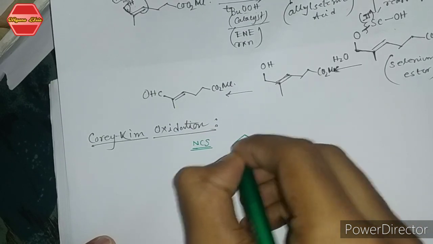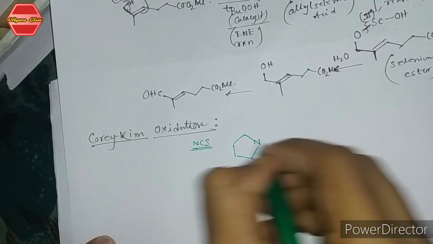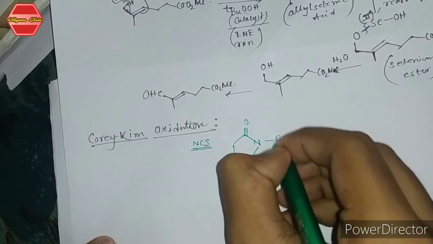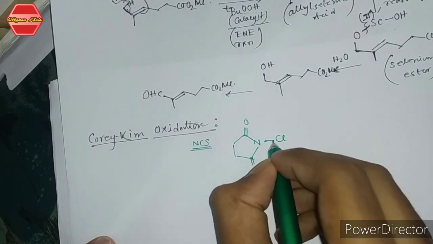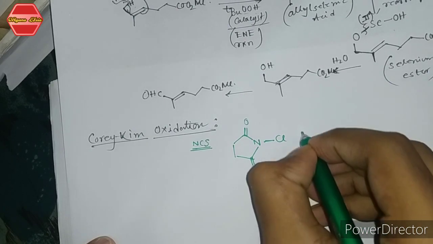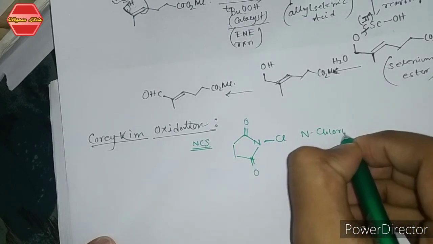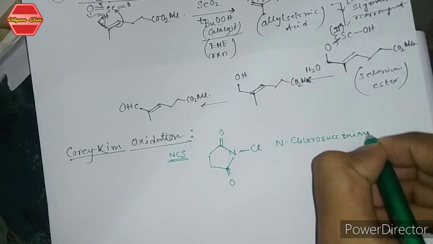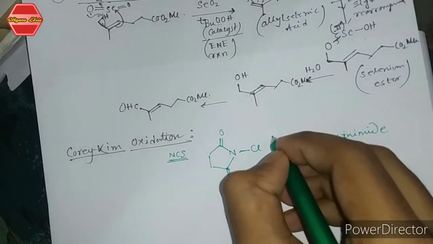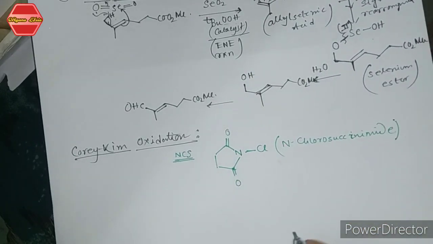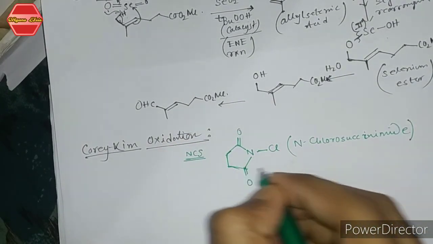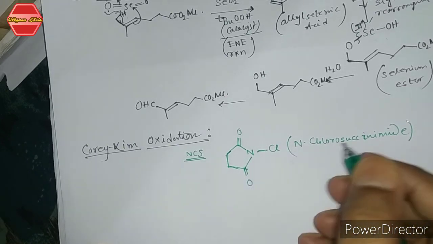N is bonded with chlorine, so N-chloro, this is called N-chlorosuccinimide. Okay, so NCS is used in this type of oxidation.